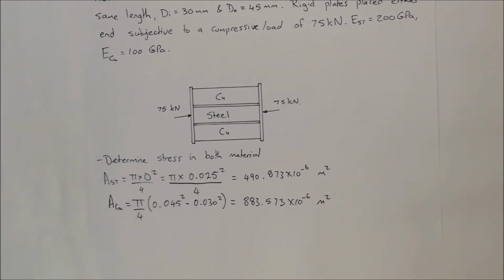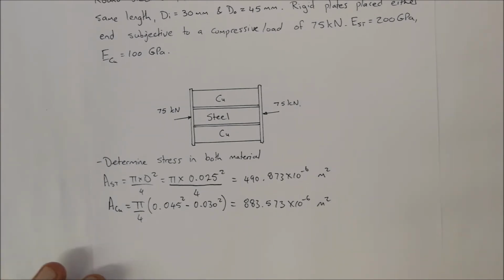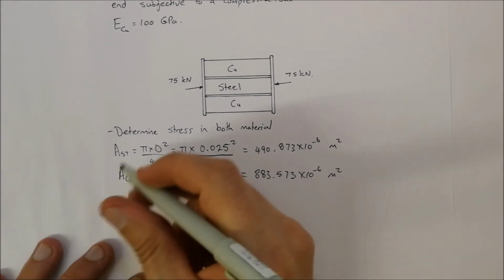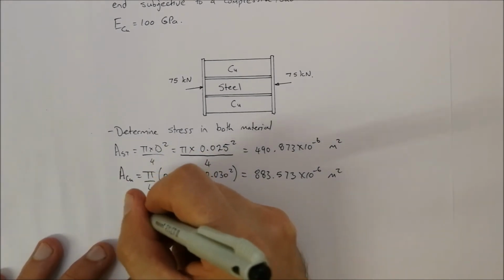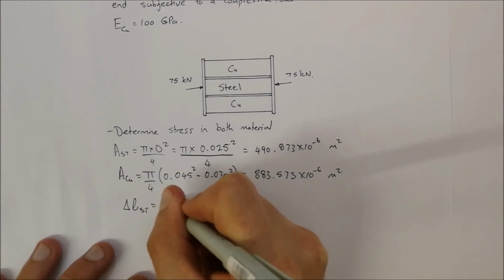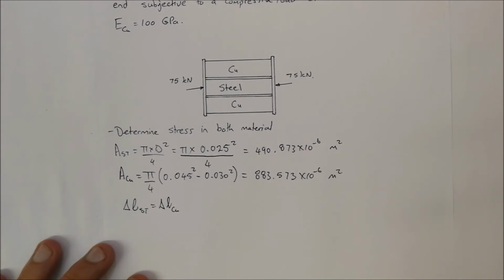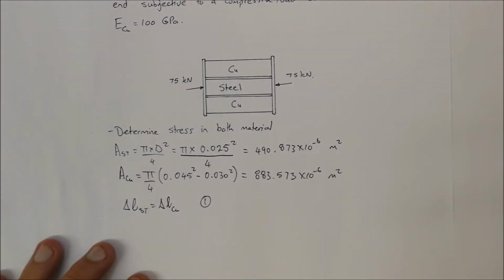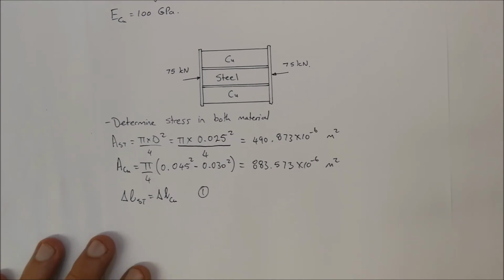Now that we've done the cross-sectional area calculations, we can go to the next step. As we've looked at in the formulas, the change in length of the steel is equal to the change in length of the copper. That's the first equation we need to keep in mind. We also have to keep in mind that the sum of the forces equals the load force.